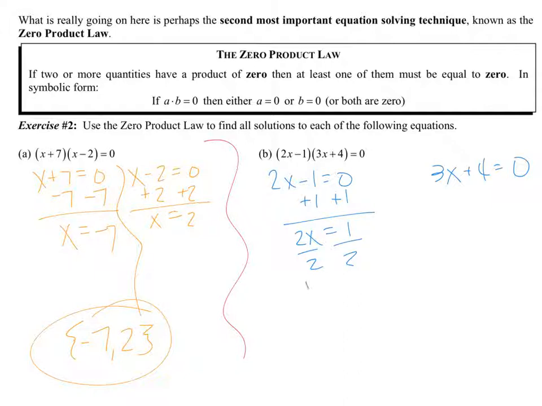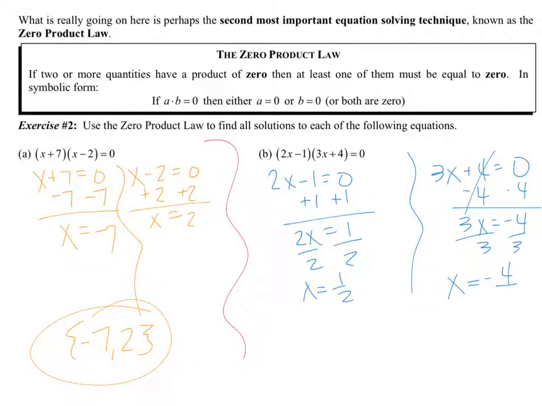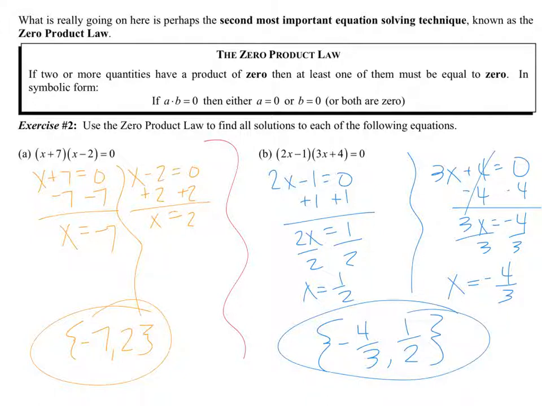Then we divide by 2, so x is 1/2. Subtract 4. 3x equals -4. Divide by 3. And x equals -4/3. So our solution set is -4/3, +1/2. You may have also noticed that I put them in numerical order.